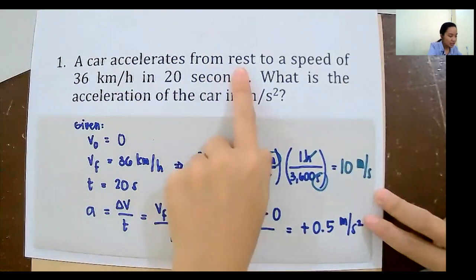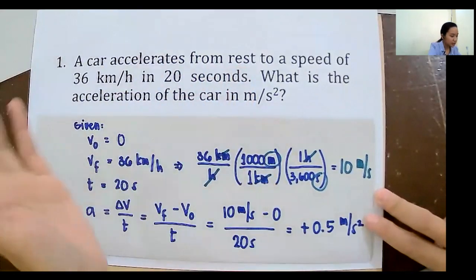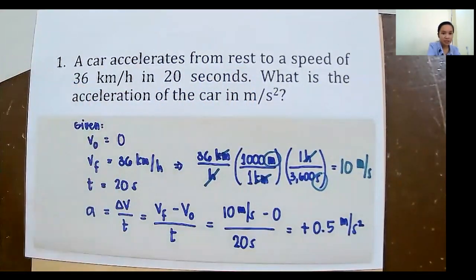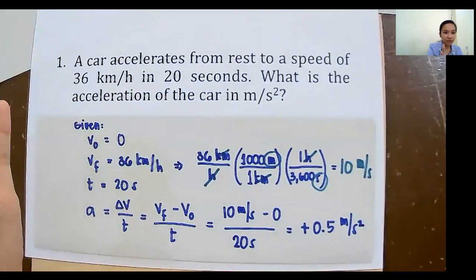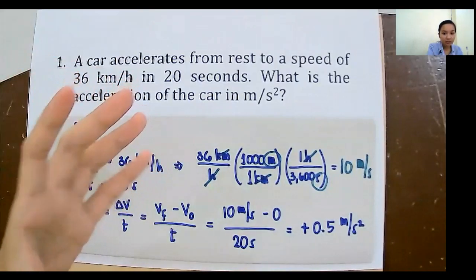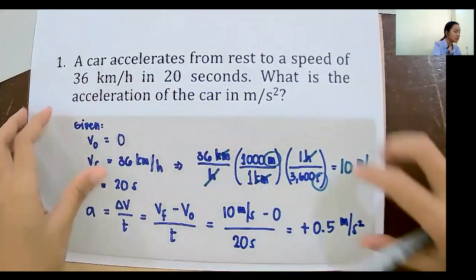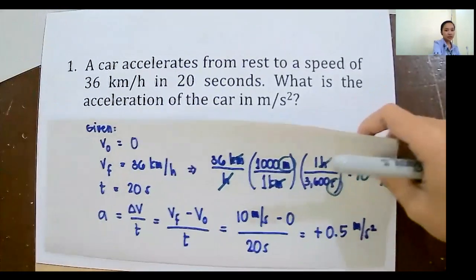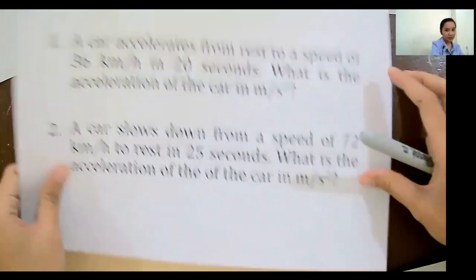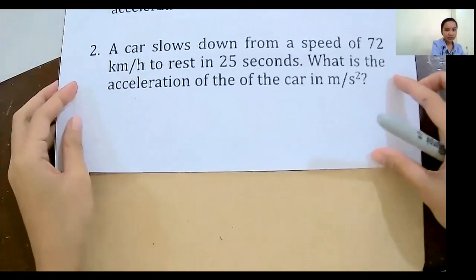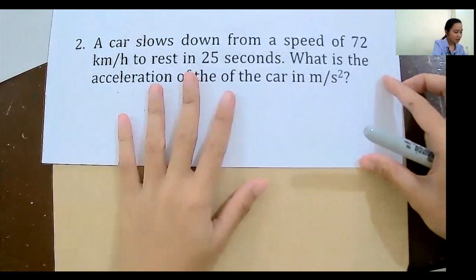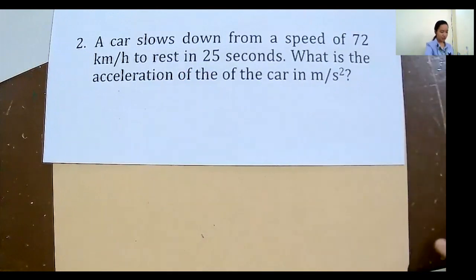When the car or object is from rest and then speeds up, it means your car is accelerating, so your acceleration is positive. When your acceleration is negative, it means your car slows down. The speed of the car is getting slower. Now, for the next example, this is where we apply the negative sign of our acceleration.